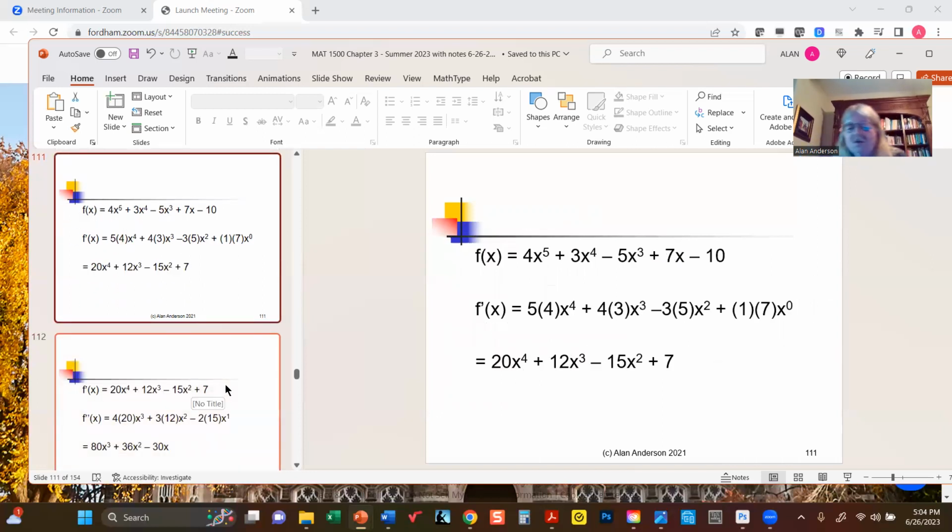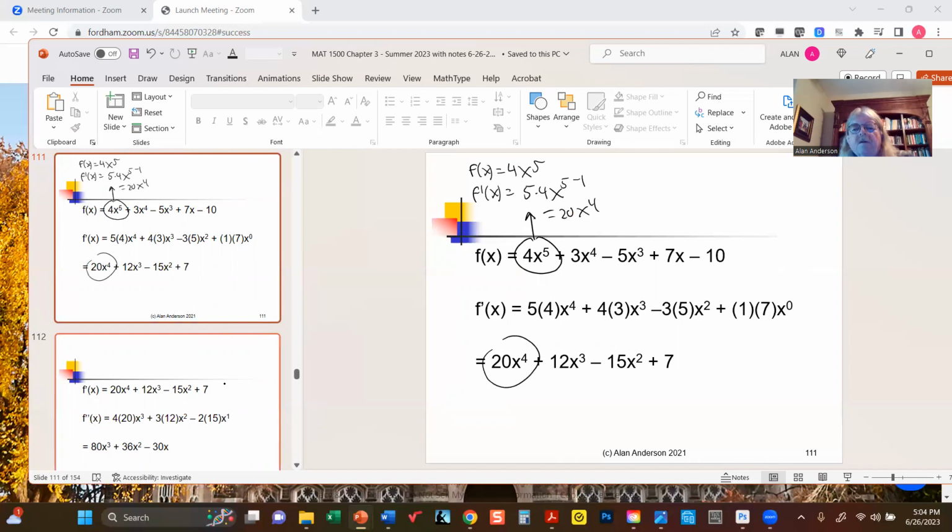So the first derivative, which we've seen how to do before, each term will be treated separately. You have 4x to the fifth, the derivative is 5 times 4 times x to the 5 minus 1. Okay. What about this one? Okay, there's 12x cubed.